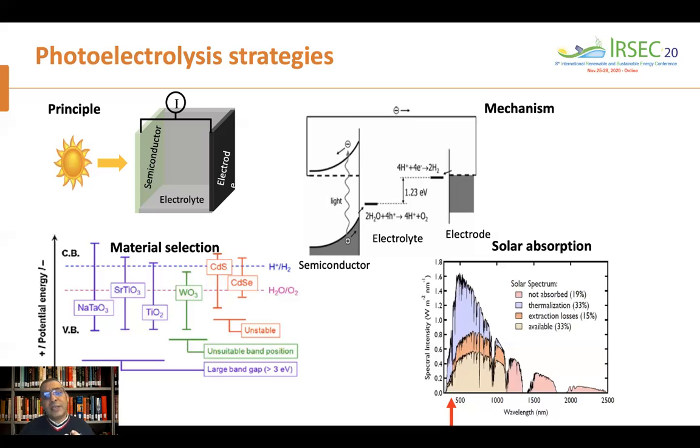So what are the remaining materials? They are wide bandgap semiconductors. For instance, strontium titanate is very well known as a photocatalytic material, and titanium dioxide in its anatase form is known to have very high photocatalytic activity.